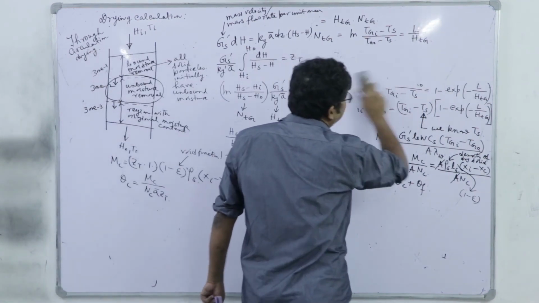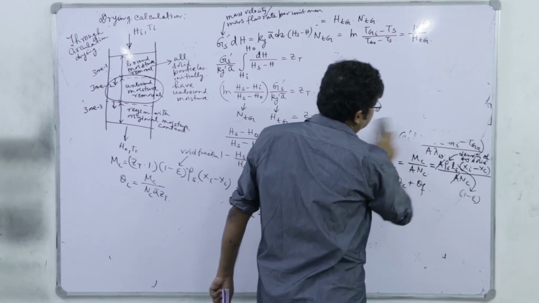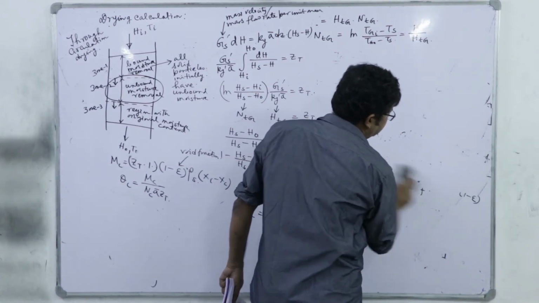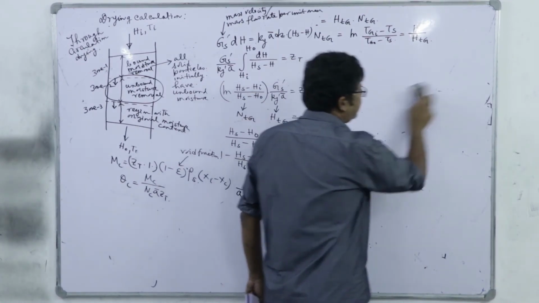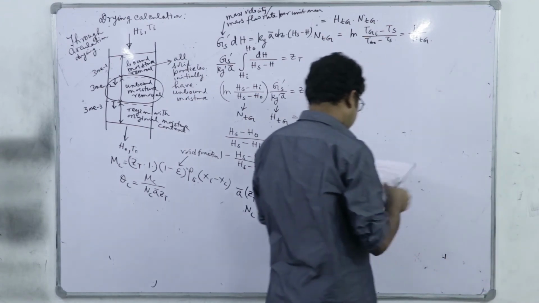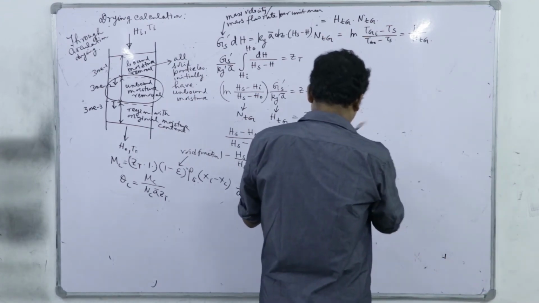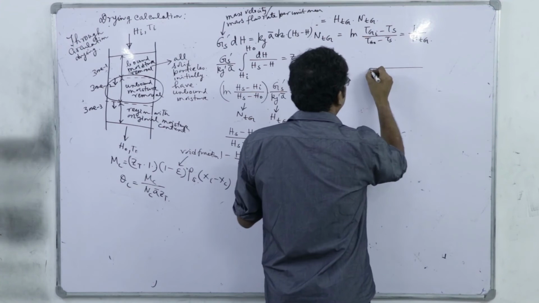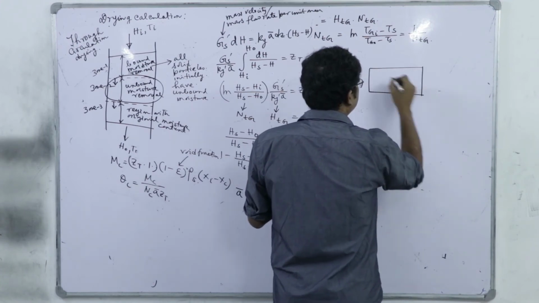And lastly, we will discuss a simple material balance in a continuous dryer. Now let us say it is a counter current mode. Let me draw the diagram. So here we have the dryer.